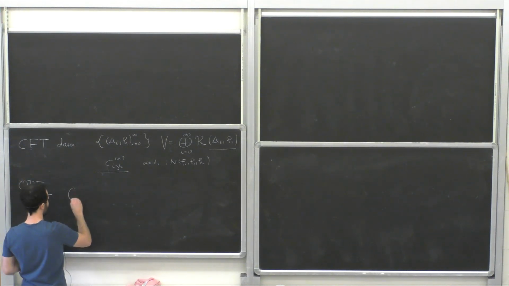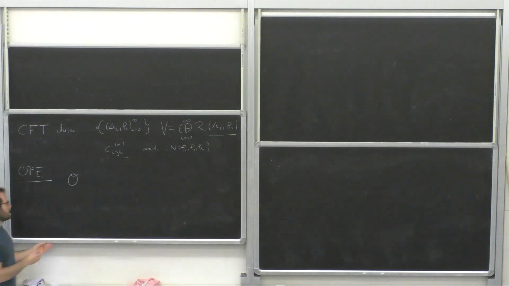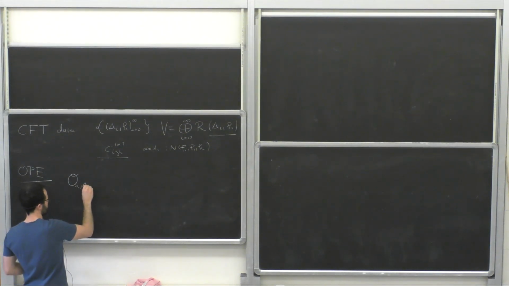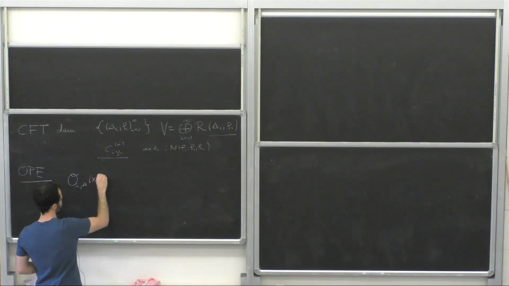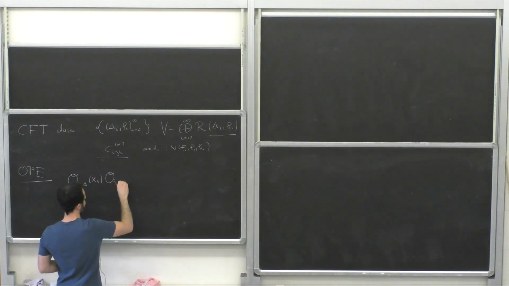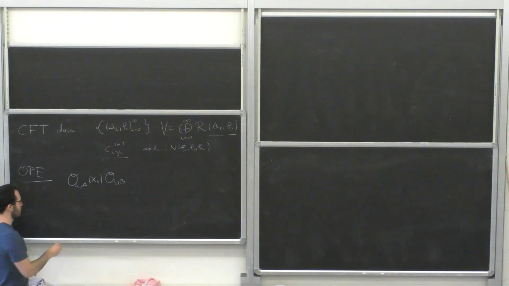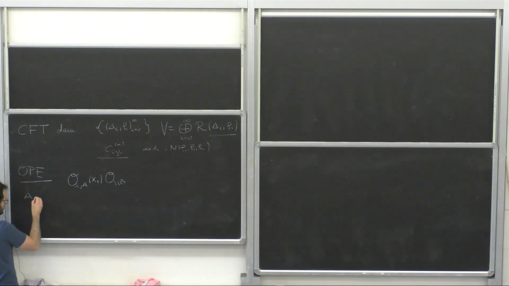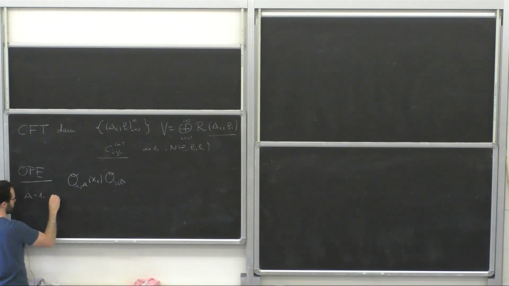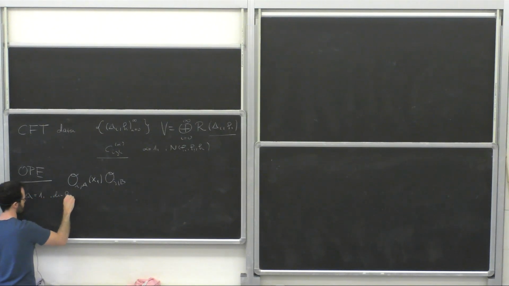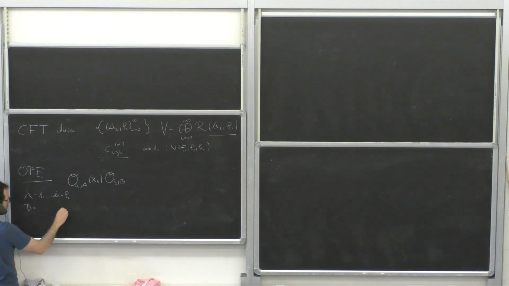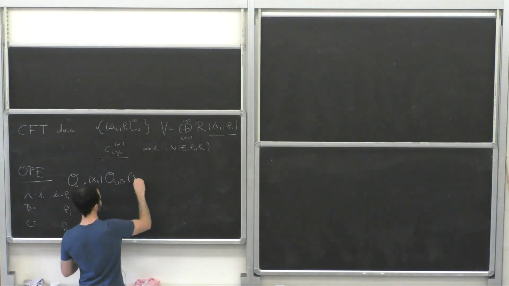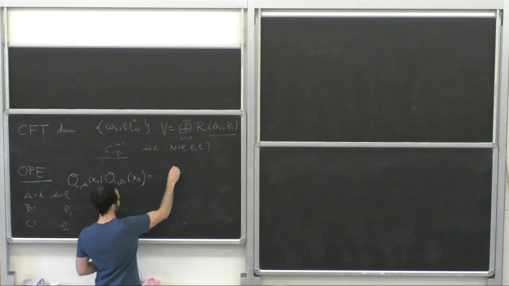Let me write the OPE in the most general form. The OPE is a way to take two primary operators at two positions. Now I'm writing the most general thing, meaning that A runs from 1 to the dimension of this representation, and similarly for B, and there's also going to be C. We have seen that in principle this can be written as an infinite sum.